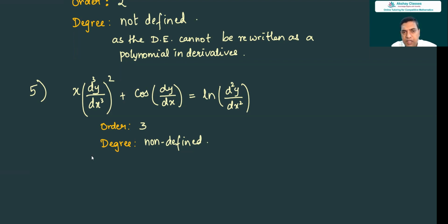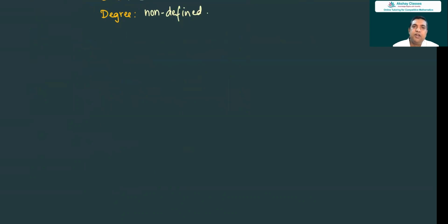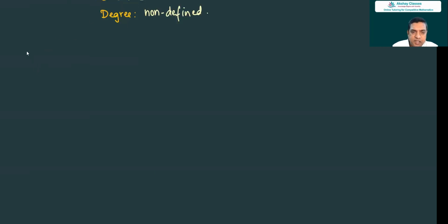And now we discussed the order and degree of a differential equation. Primarily we are dealing with ordinary differential equations. Now next is an important definition. What is the solution of a differential equation?